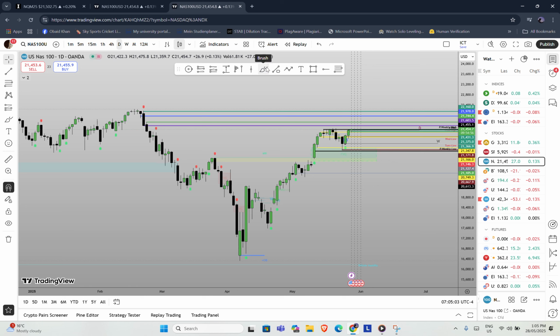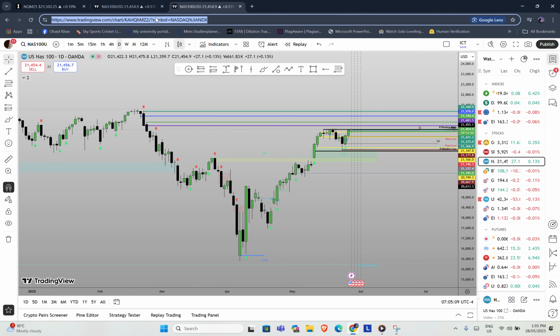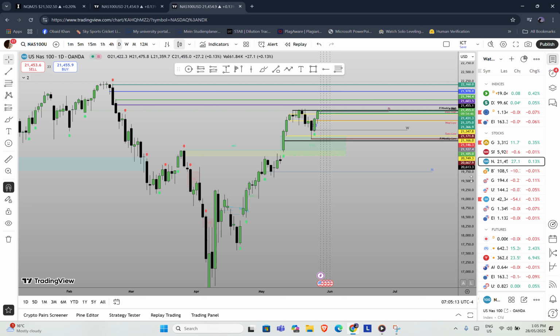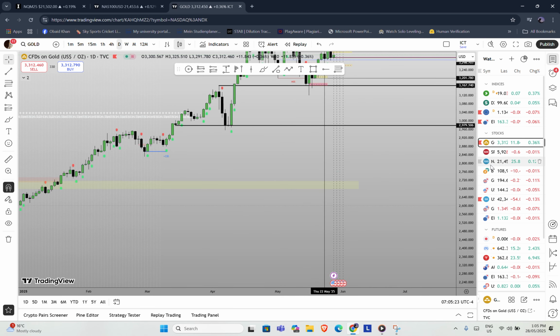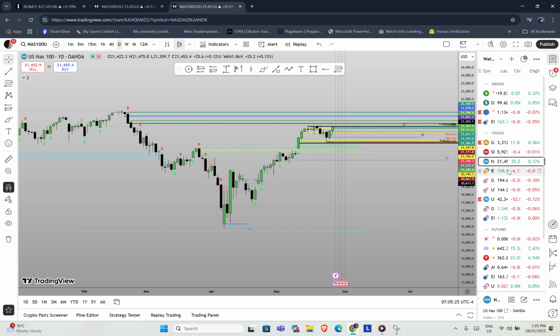The first step every beginner should do is to come into TradingView. Once you are in TradingView, what is the use of it? Why do we use TradingView? You guys might be having this question, why do most people use it?